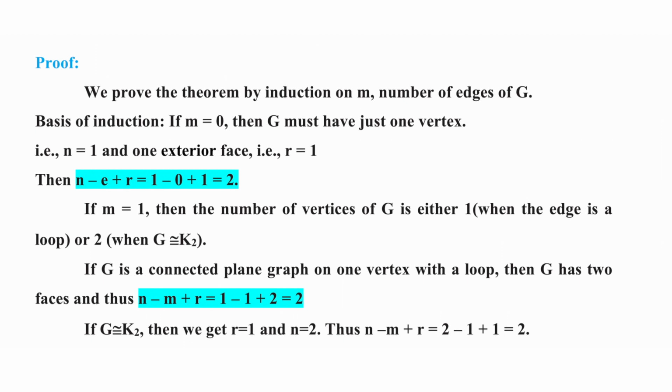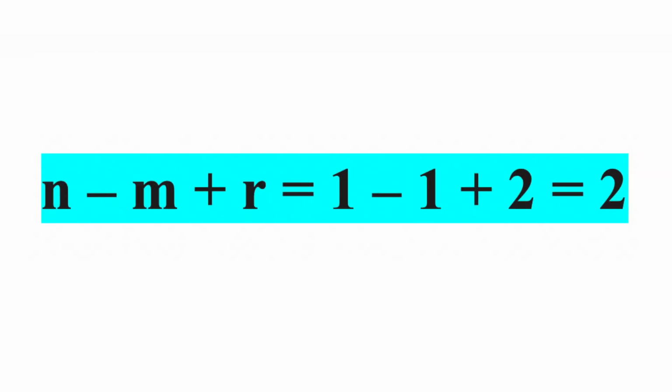If m equals 1, then the number of vertices of G is either 1 or 2. If G is a connected plane graph with 1 vertex and a loop, then G has 2 faces and thus n minus m plus r equals 2.